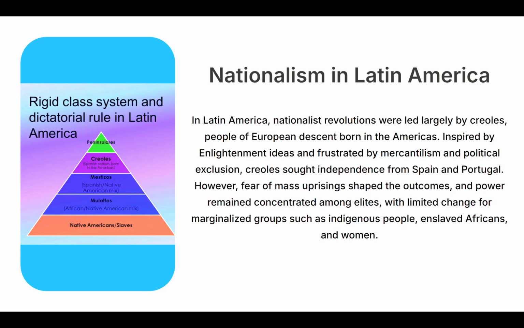Leaders like Simon Bolivar imagined republics based on liberty and equality, but fear of mass uprisings shaped outcomes. After independence, power remained concentrated among the elites. Indigenous people, enslaved Africans, and women gained little political voice. This illustrates a key historical pattern. National independence does not automatically mean social equality.